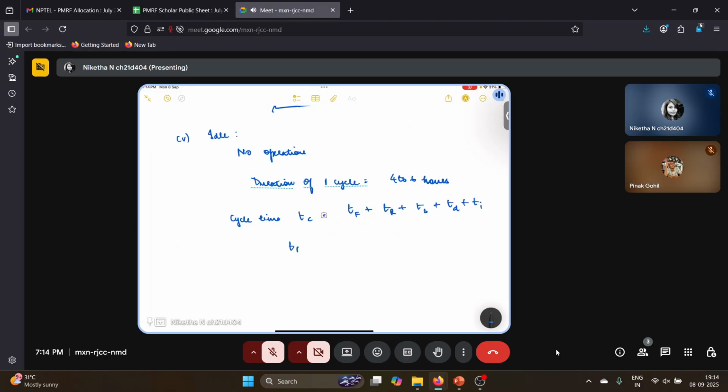Now your time for reaction is again a sum of certain terms. They are the time required for aerobic condition to develop, and time required for anaerobic conditions, and the time required for anoxic conditions.